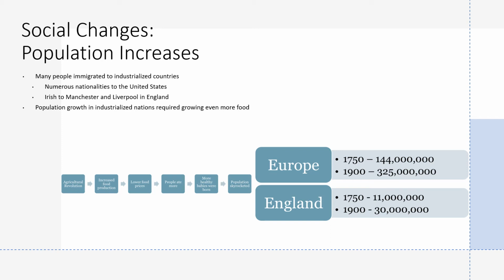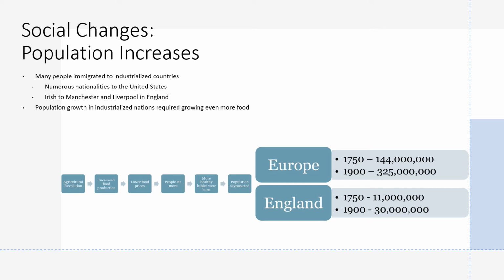Irish moved to Manchester and Liverpool in England. The population growth of these nations grew even more because of food. The agricultural revolution meant more food production, lower food prices, people ate more and healthier, more babies, and the population would grow.